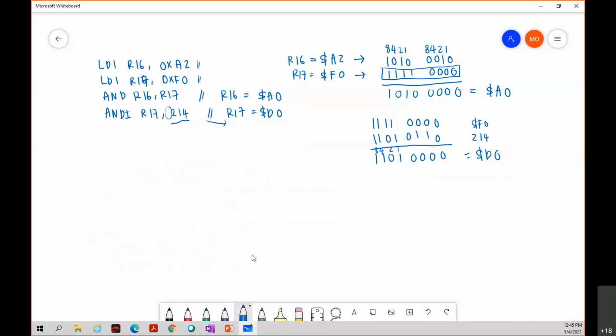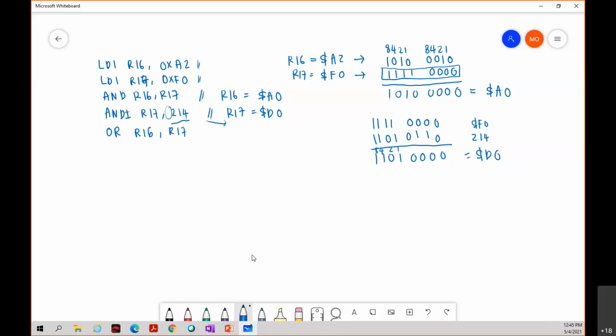So you have OR R17 with R16. Can we do that? Nothing changes. Wait, OR R16 with R17.